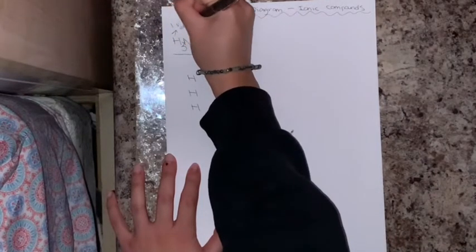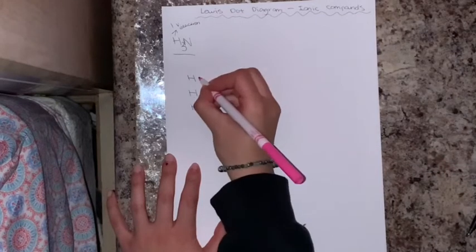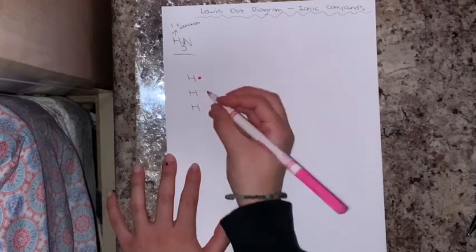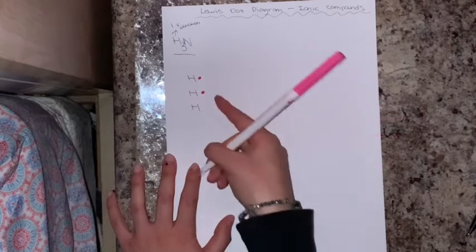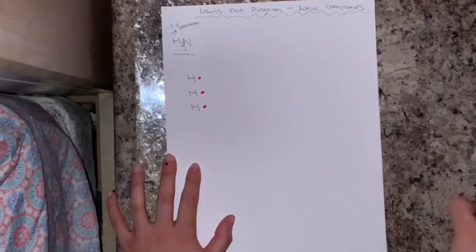And we know that hydrogen has 1 valence electron, so we're just going to draw 1 valence electron next to the chemical symbol for each H.